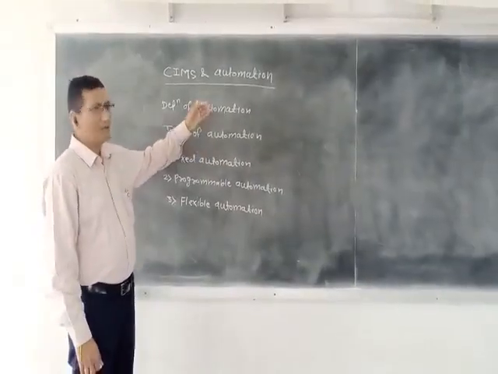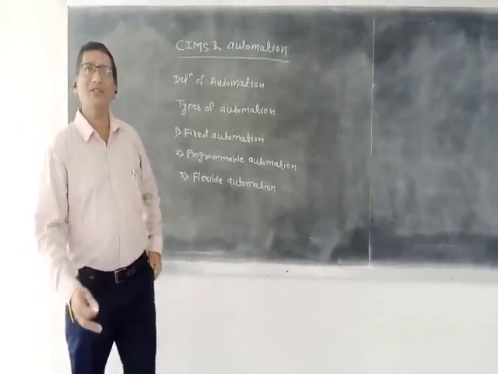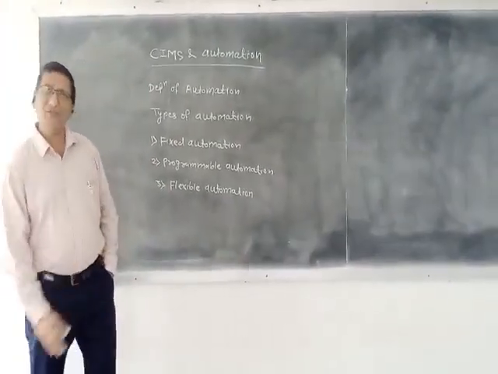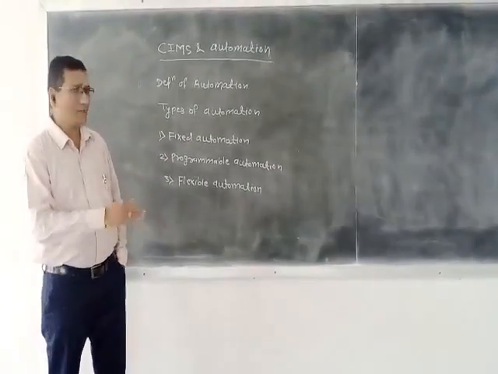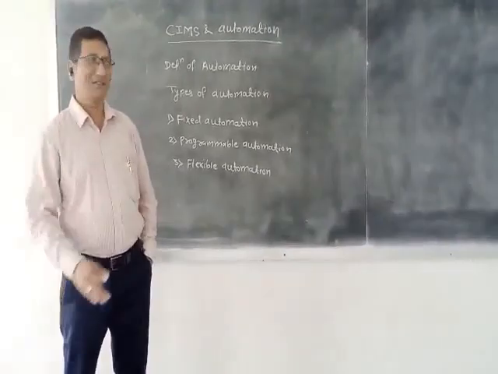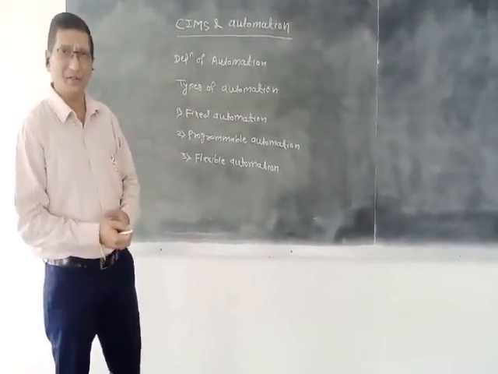And when you talk about total integration and automation, then automation plays an important role. As we know, in manufacturing, earlier we were using manual methods. Then it was modified with semi-automatic and automatic machines.